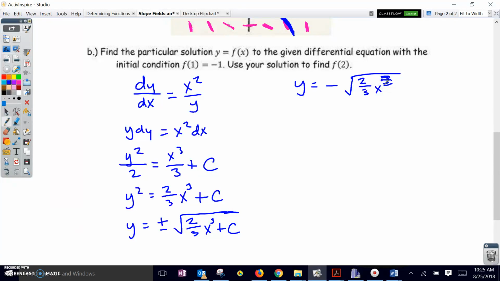I'll try this again. We've got y equals the negative square root of 2/3 x to the third plus c. And now I'm going to actually use the initial condition to find the value of c. So I'm going to have -1 is equal to the opposite of the square root of 2/3 plus c.